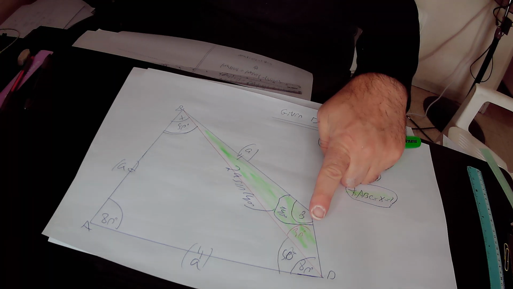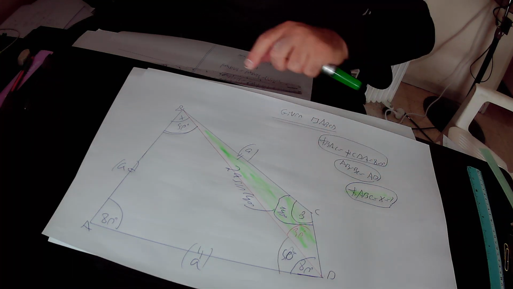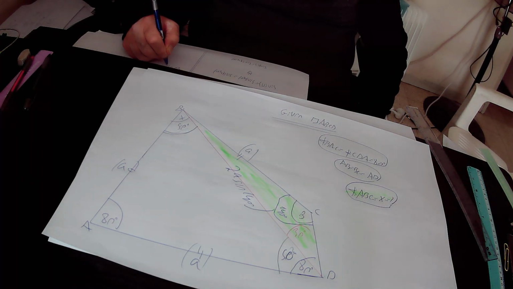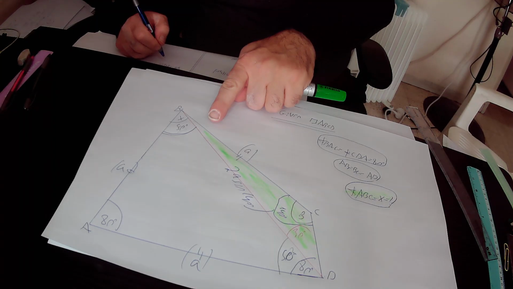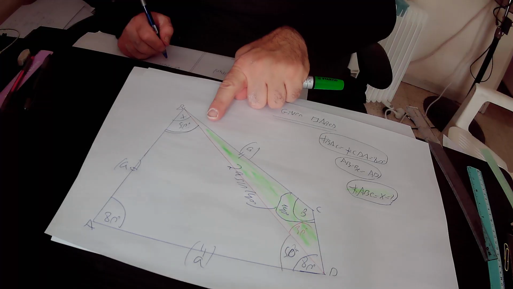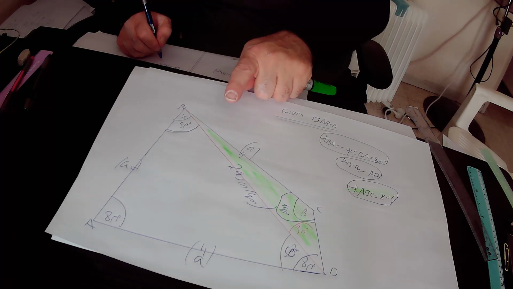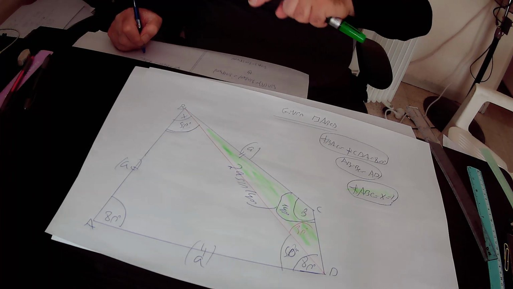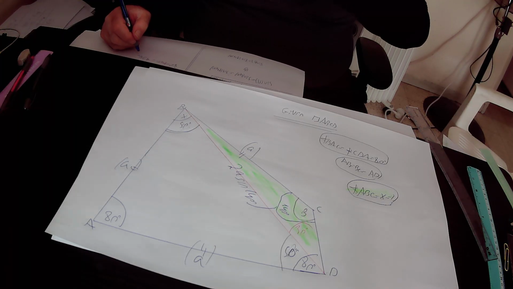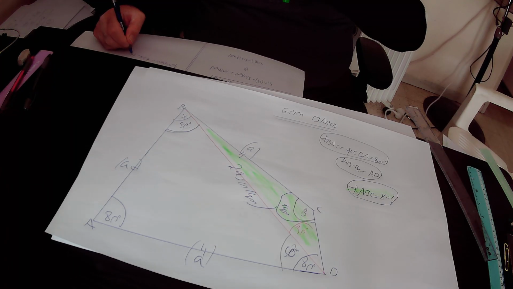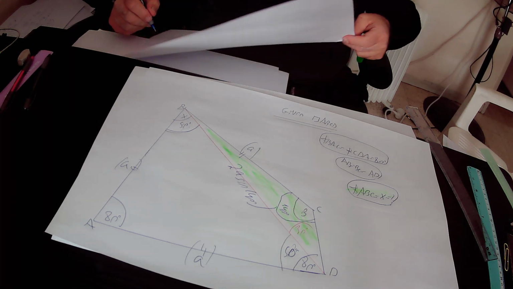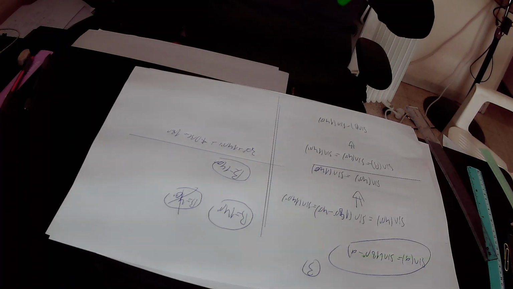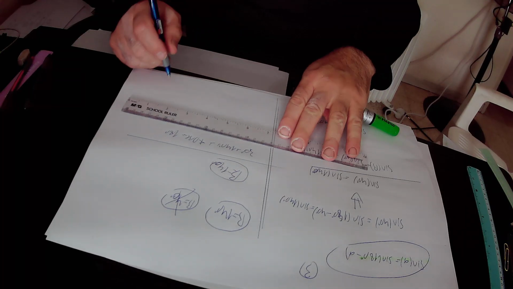We have 30 degrees plus 140 degrees plus this missing angle, which is angle DBC, so that the sum of those three angles must be equal to 180 degrees according to the rule I mentioned.